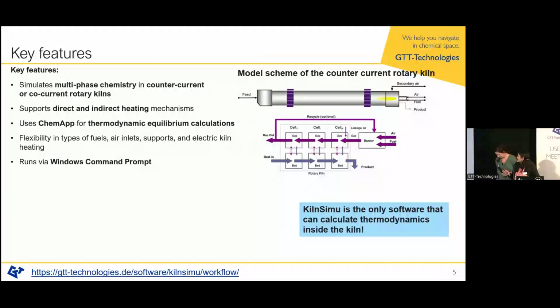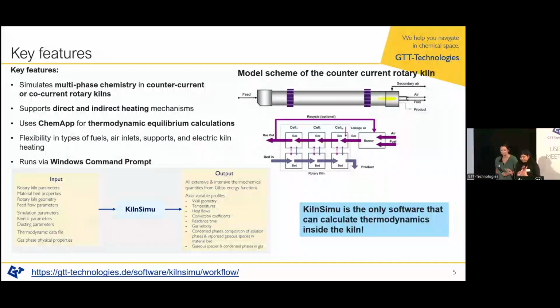The principle is that there is a gas phase and a bed phase, and the mass and energy balances are satisfied. There is also a possibility to recycle the streams. Also, you can introduce fuel, gas, dusting material, or secondary air to any particular location in the kiln, and that is highly flexible. Therefore, it is also possible to simulate an electric kiln.